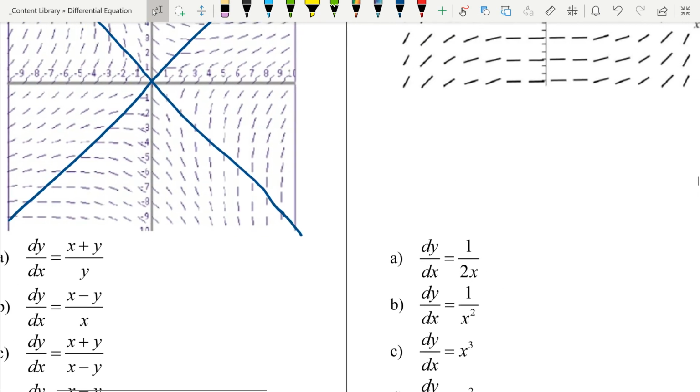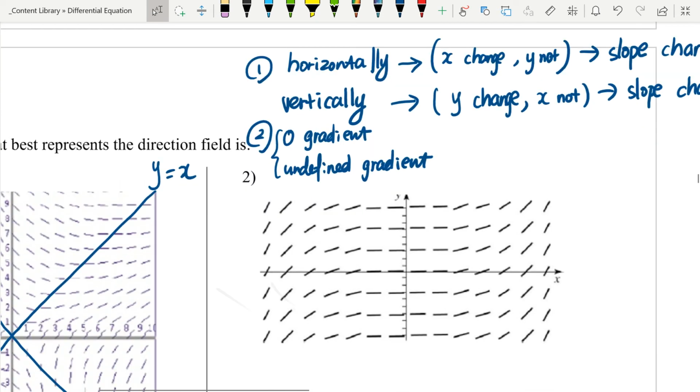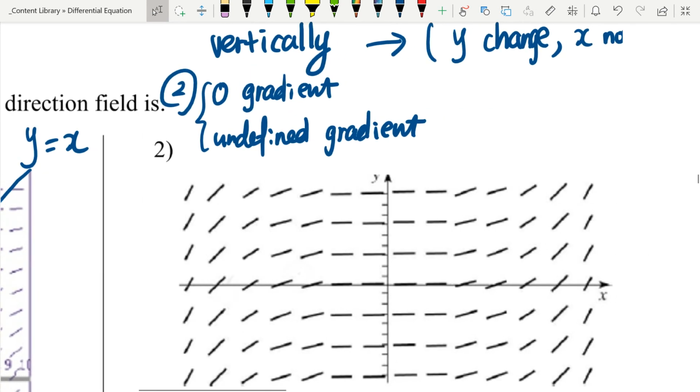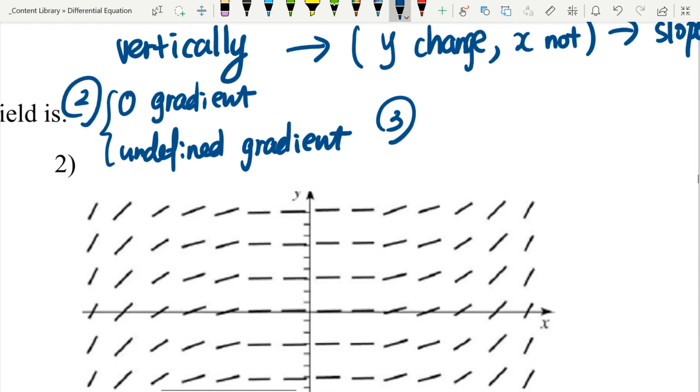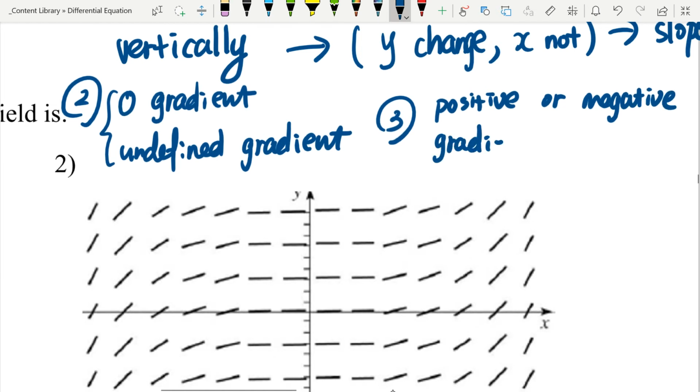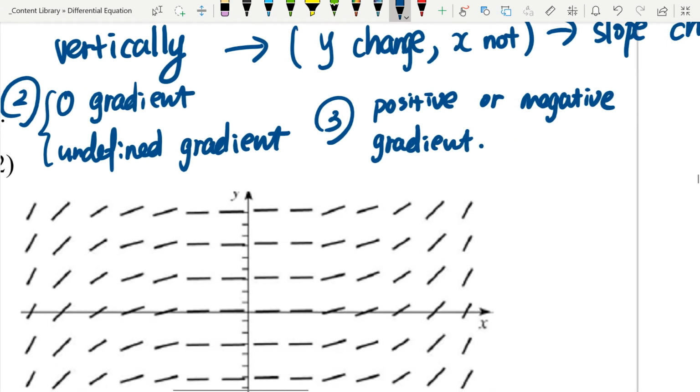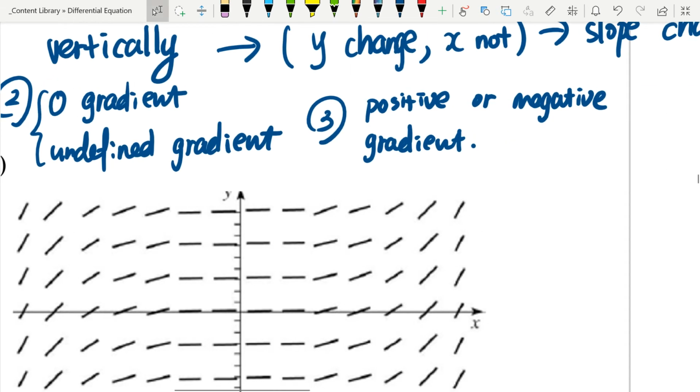Another thing, I'll just go through finishing what I need to check. There's one last thing: after step one and step two, if it doesn't work and you still don't know which one to select, the third step we need to think about is positive gradient or negative gradient. I'll give you some examples. It's not going to be uniform for all the questions.